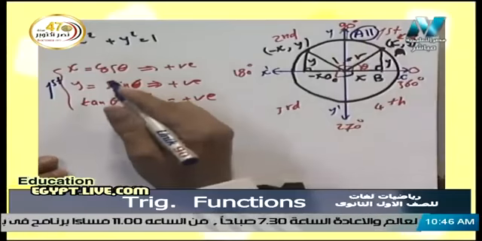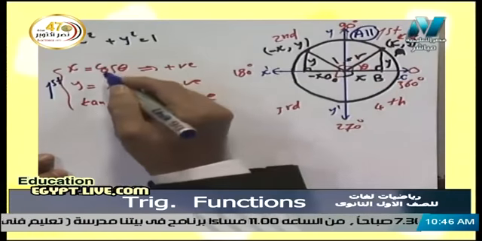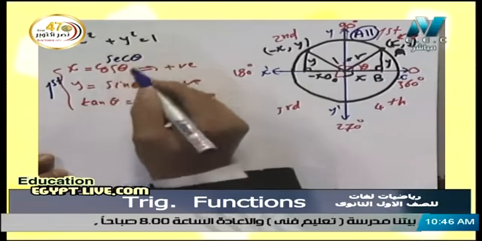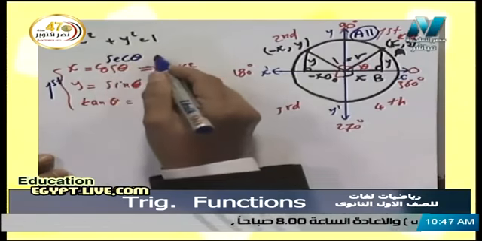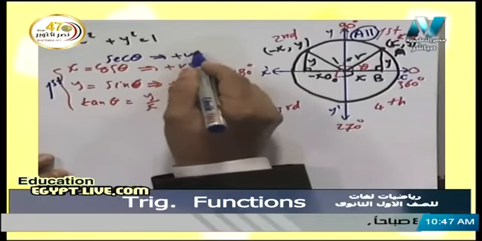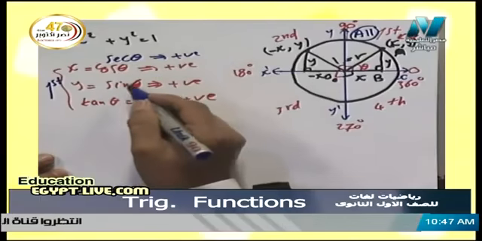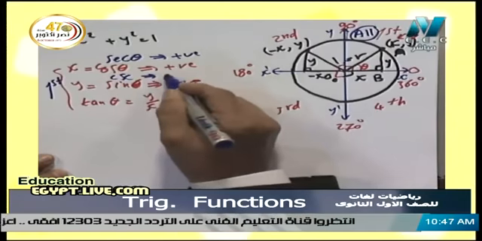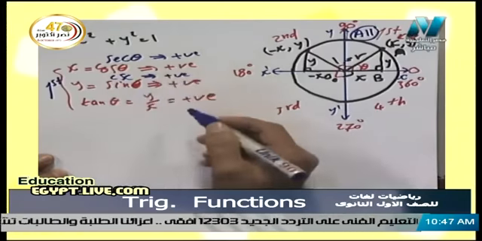And of course, the reciprocals. The reciprocal of cosine is sec, and if cosine is positive, so its reciprocal is positive also. The reciprocal of sine is cosec, so cosec also will be positive because sine is positive.